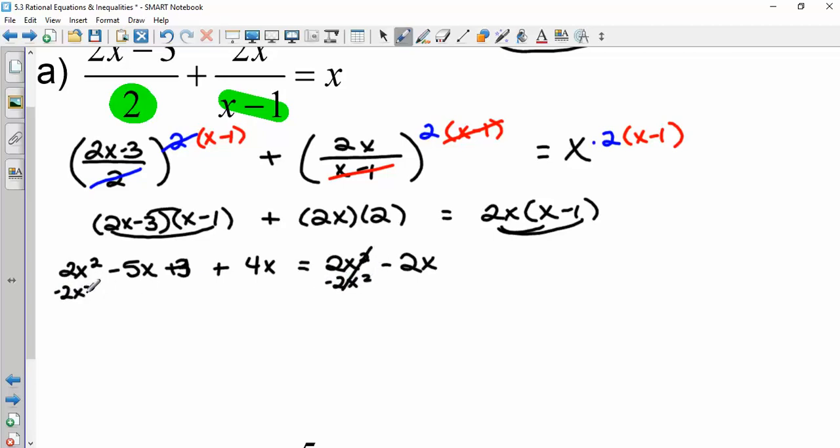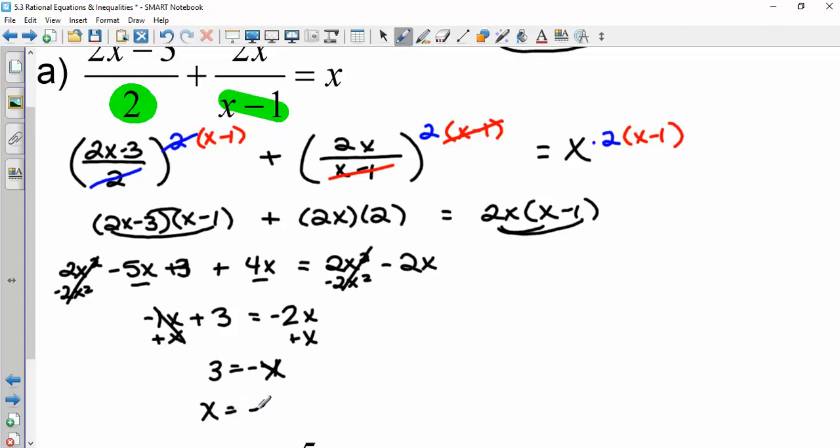Those x squareds cancel. Negative 5x and positive 4x would be a negative 1x, plus 3 equals a negative 2x. If I add my x over, I get 3 equals a negative x, divided by negative 1, and x is negative 3.